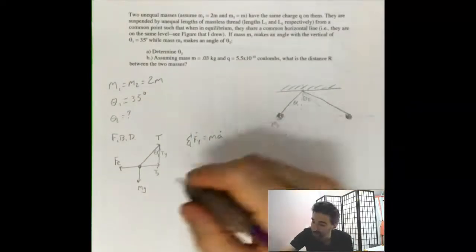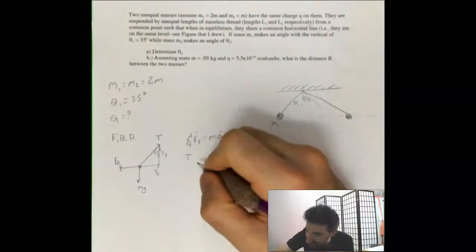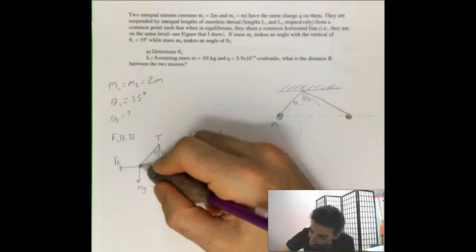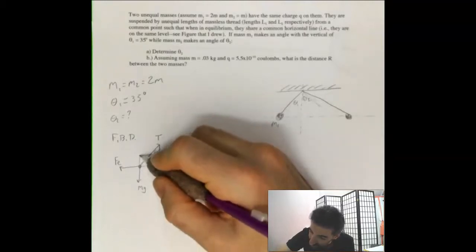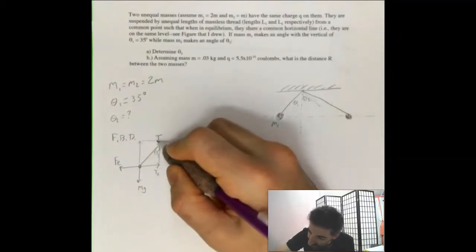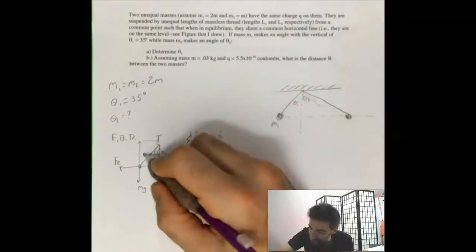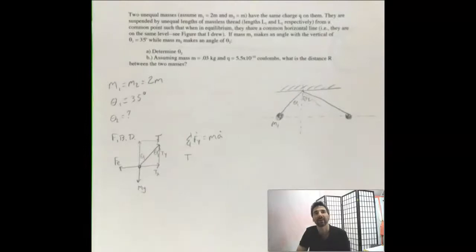So in my y direction, I know this Ty and that Ty are the same. This theta 1 and that theta 1 are the same.